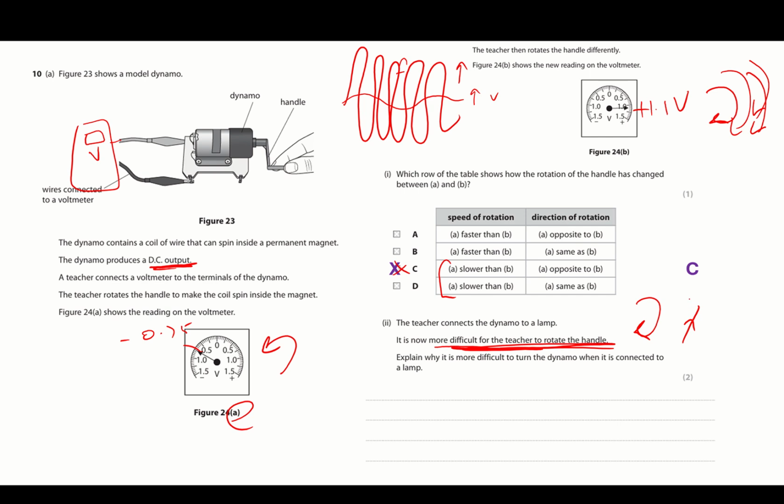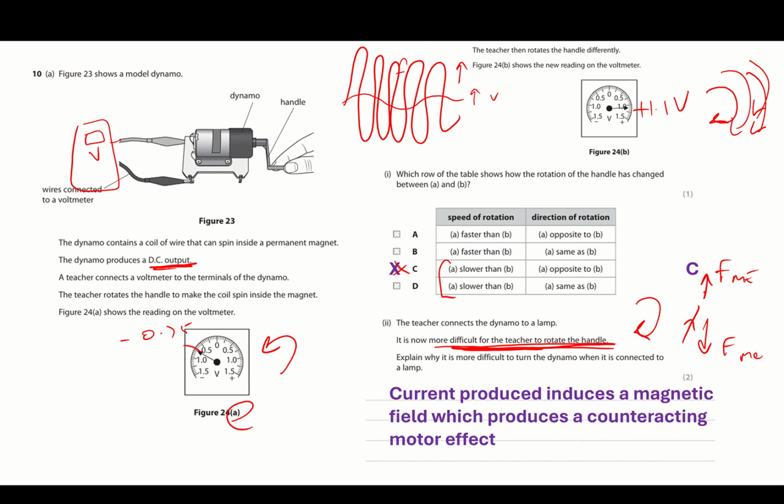This now creates the motor effect that counteracts what I'm doing. So you imagine I'm spinning it, and then I make a current that produces a force that goes against me. So there's force from me, and here's the force of the motor effect. So why is it more difficult? We can talk about it in terms of resistance. I'm just going to say the current produced induces a magnetic field, which produces a counteracting motor effect.